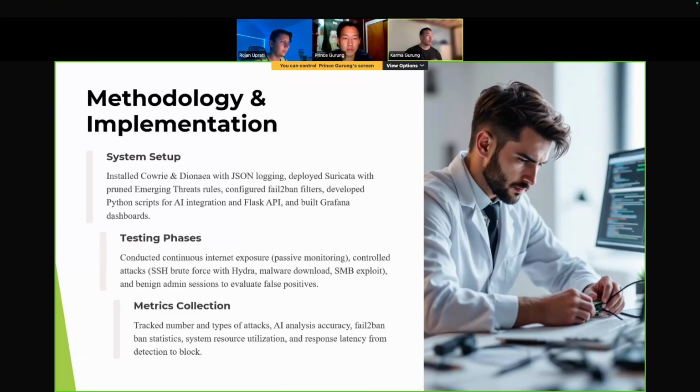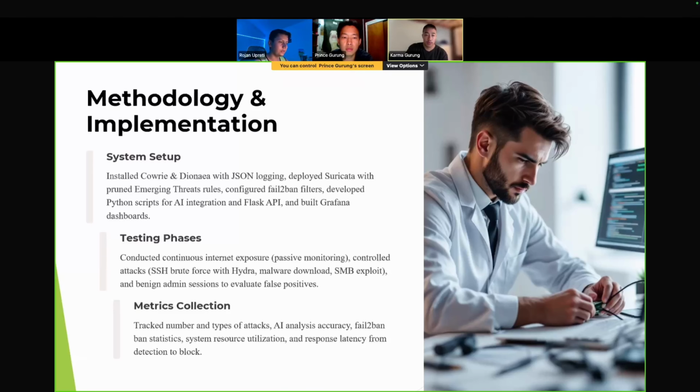We integrated the APIs, and we wrote the Python script so that we could get all of the log errors and send that data to OpenAI's API, and we got the data in return. As I said, we installed the web server and created a basic web page so that we could show it on the display.